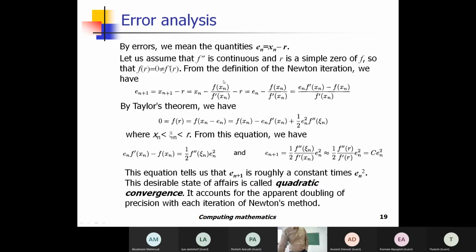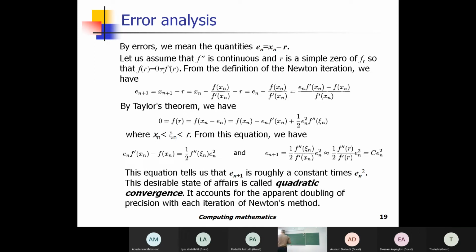Again, En means the error on step n. En plus 1 means the error on step n plus 1.